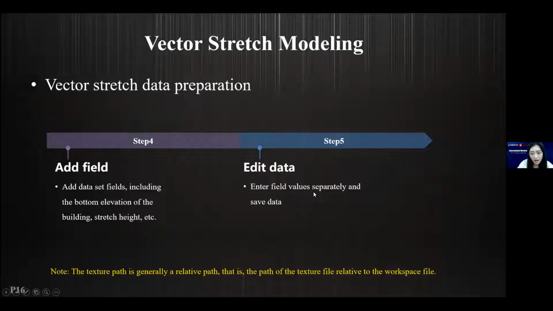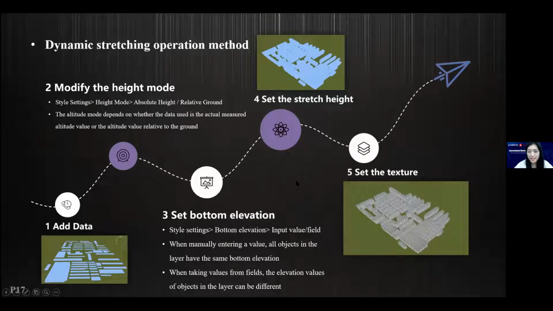And then we could edit the data, like enter the field values vertically and save our data. That is our preparation of the data. And then let's look at the operation of the stretch model. So the first step, we should add the data, and then we could modify the head mode and set its bottom elevation and set the stretch height and set the texture.